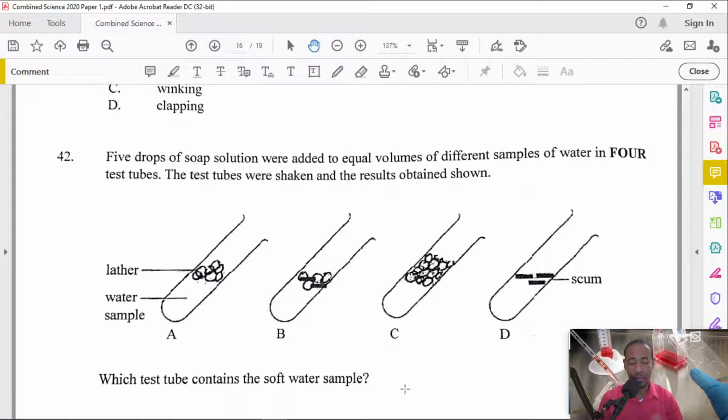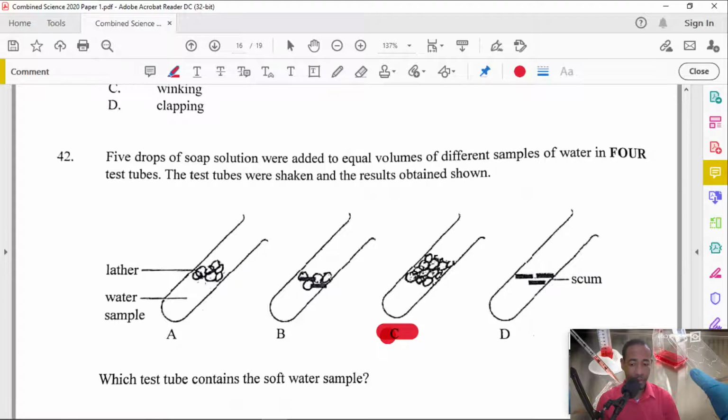Soft water means that there are no dissolved minerals, right? It's pretty much pure or as close to pure as possible. And so pure water or soft water will allow the soap to lather much more. If you look carefully, you're looking for the one with a lot of lather, which means soapiness, right? If you look at option C, you'd realize that option C contains the most lather. So option C will be our choice.